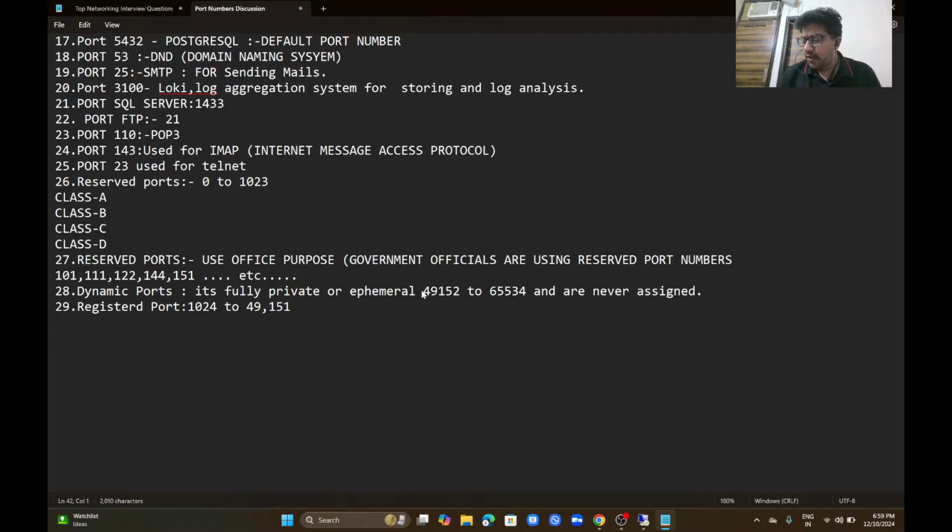If you want, we can buy the port numbers. These are not reserved ports. These are well-known ports, 0 to 1023.